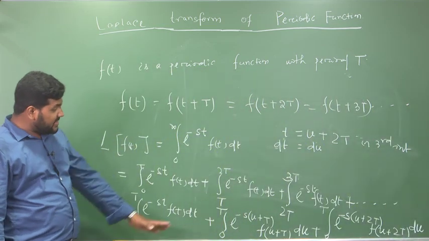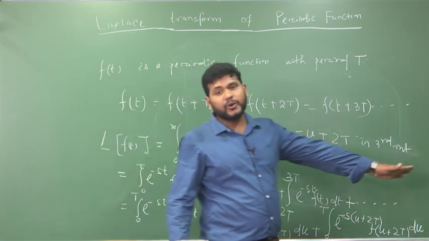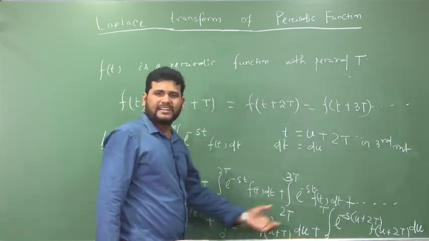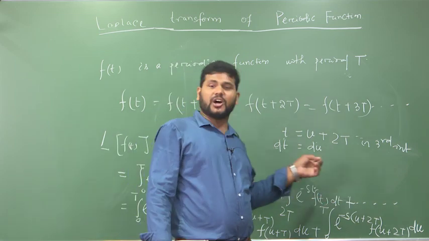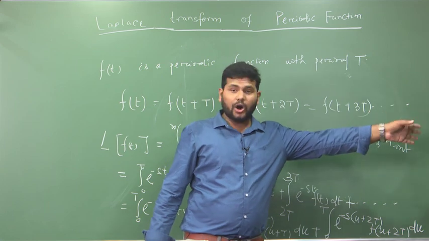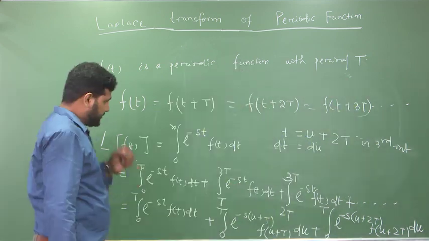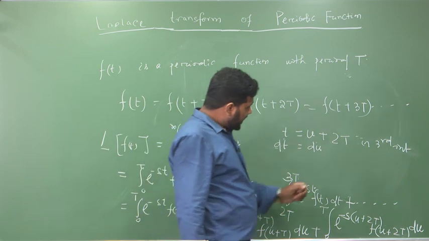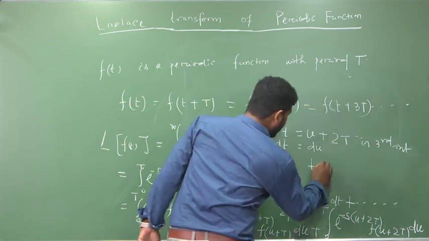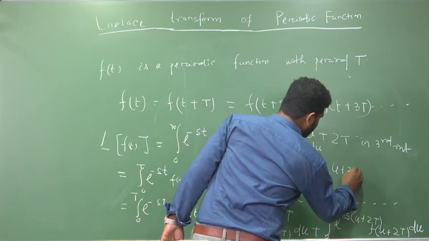Okay, so in this way I could continue up to infinity throughout my whole life. So let's take only 3, and whatever result we get from these 3, we will generalize to other integrals. Somehow if I have a fourth integral, what will I substitute? t equal to u plus 3t.